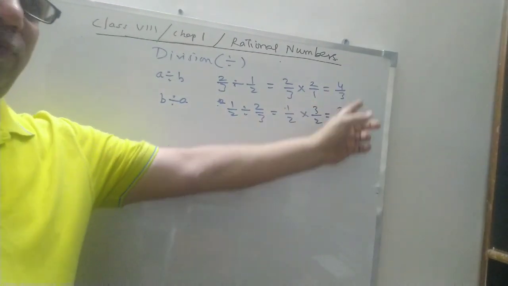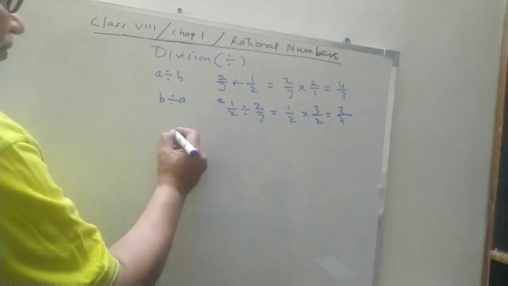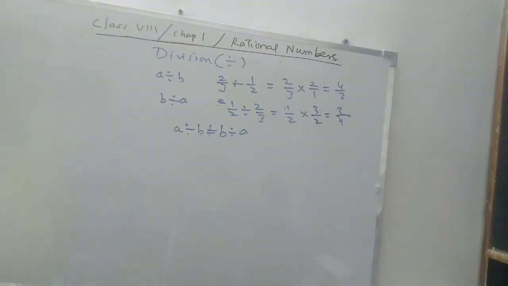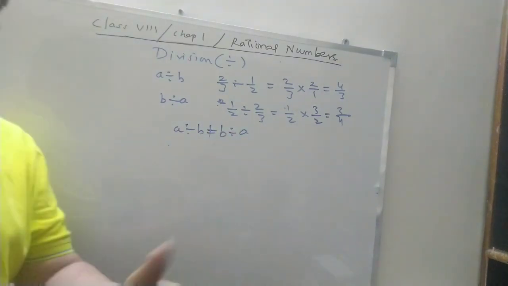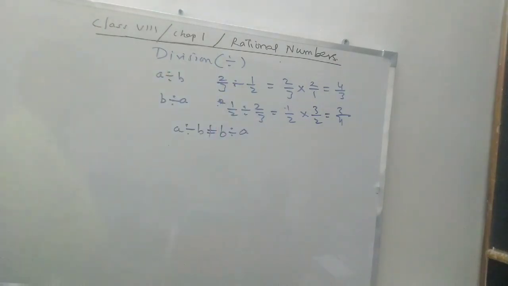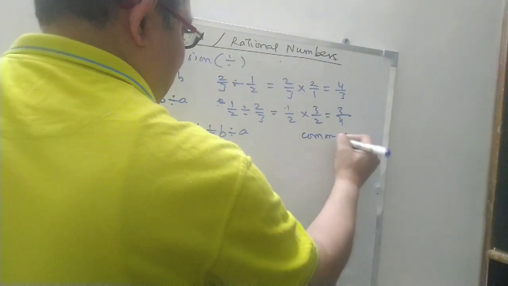An improper fraction cannot be equal to a proper fraction. So we can say A divided by B is not equal to B divided by A. Remember, we did A minus B not equal to B minus A. Same way A divided by B is also not equal to B divided by A. So is it commutative? No.